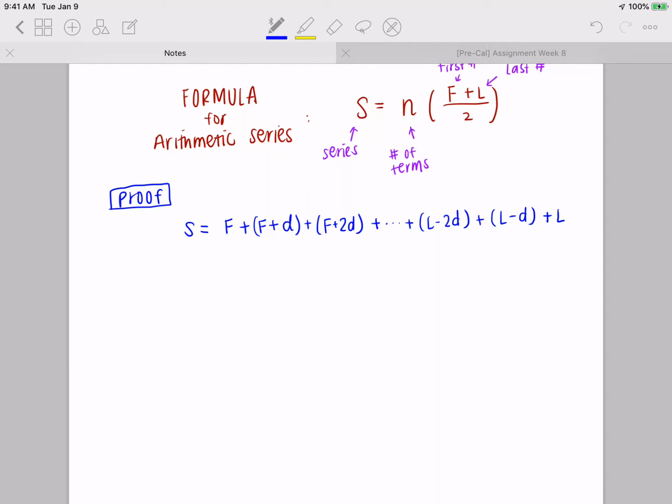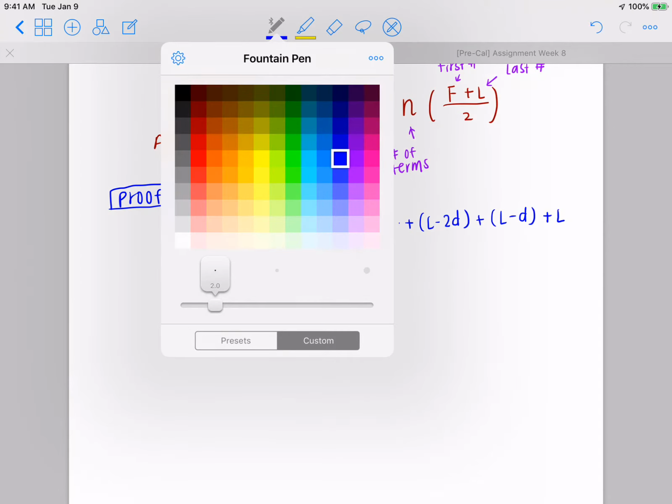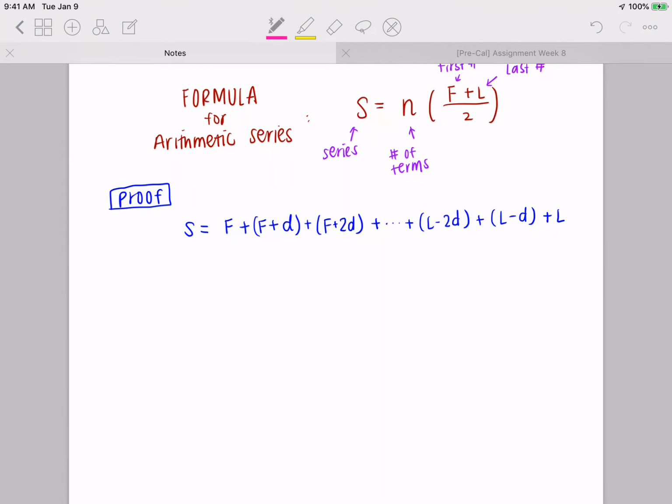Okay, and then eventually you're going to have all those numbers. And then if I'm going to do another one where S equals the reverse of this, it will be L and F. And this would be L minus D, L minus 2D, plus dot dot dot, plus F plus 2D, and F plus D.